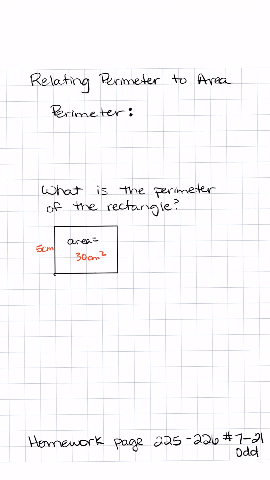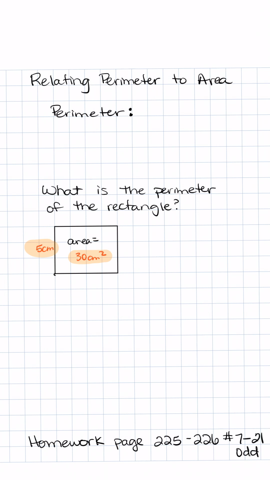So now we're going to look at relating the perimeter to the area. Because you can also use the lengths of the sides of a rectangle to find the perimeter. So if we are looking at this example here, this side is 5 centimeters and the area equals 30 centimeters squared.